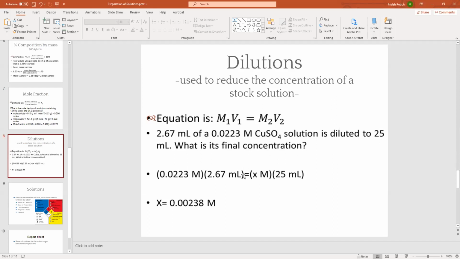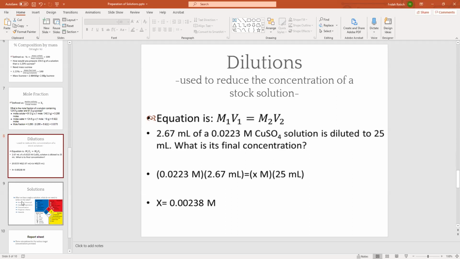And so when you put these numbers together, you are going to find out that you're missing the final concentration, and then you have to take this value 0.0223 times 2.67 divided by 25 mL, and that should give you the final concentration as 0.00238 molar.